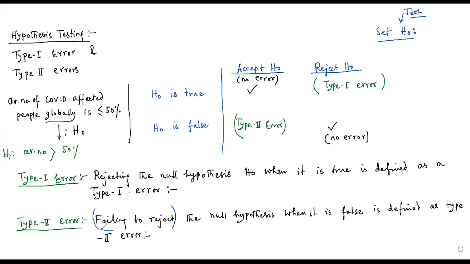I'm writing failing to reject the null hypothesis. Failing to reject the null hypothesis means you can say that complementary to this particular word, I can use accepting the null hypothesis. Failing to reject and accepting, are they synonyms?